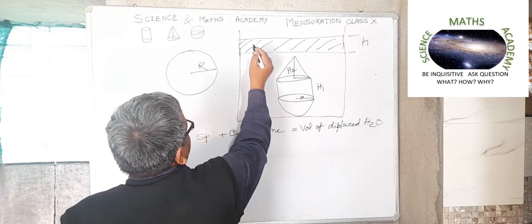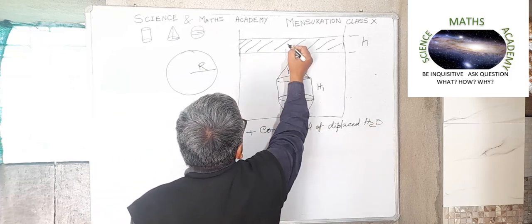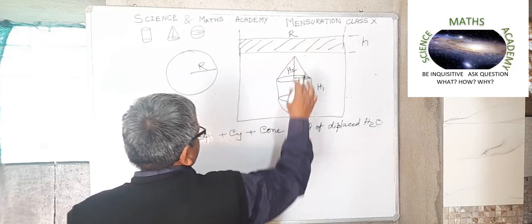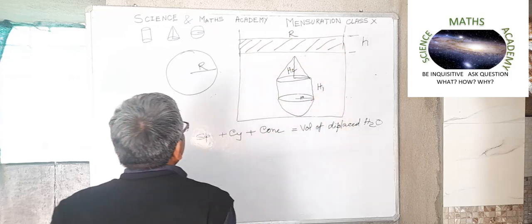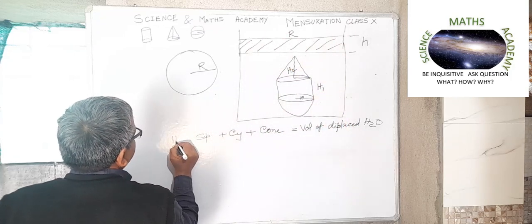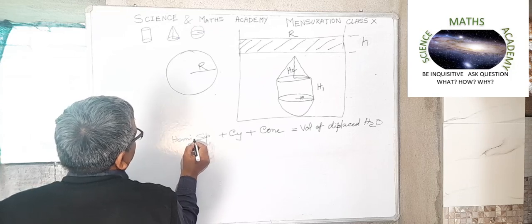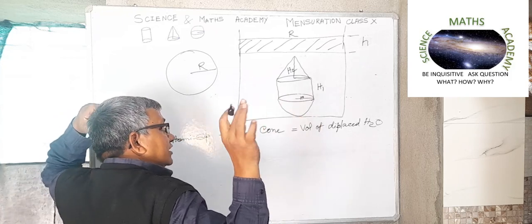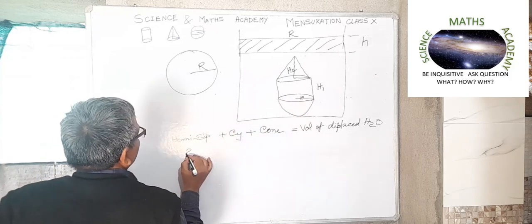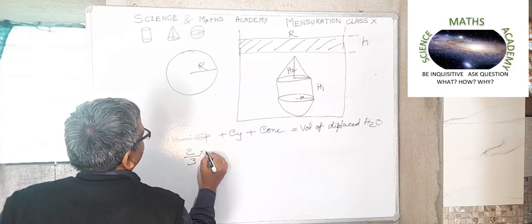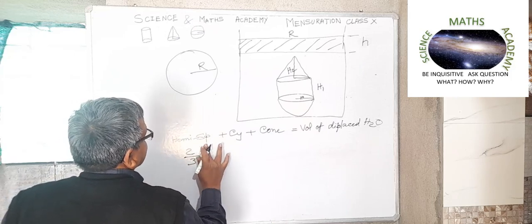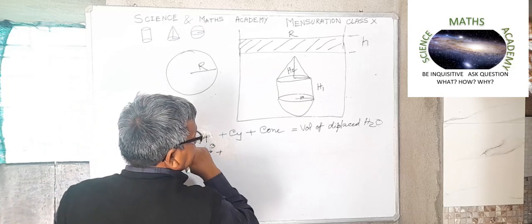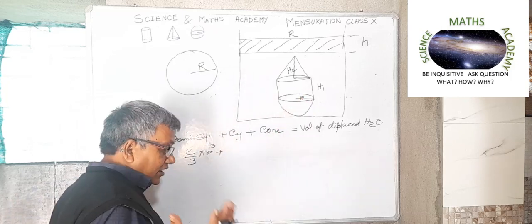Now say the radius of the cylinder is small r, and the radius of the big cylinder is capital R. Now coming to the sphere, not sphere, it is a hemisphere. Sphere is 4/3 pi r cube, hemisphere is 2/3 pi r cube, here I have taken small r cube, plus cylinder, cylinder volume, again I forgot.